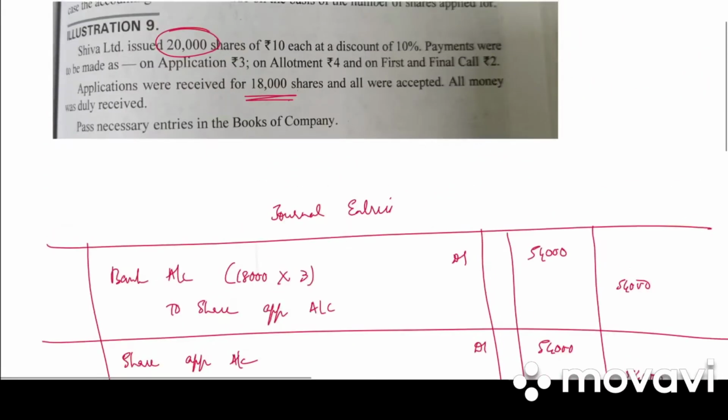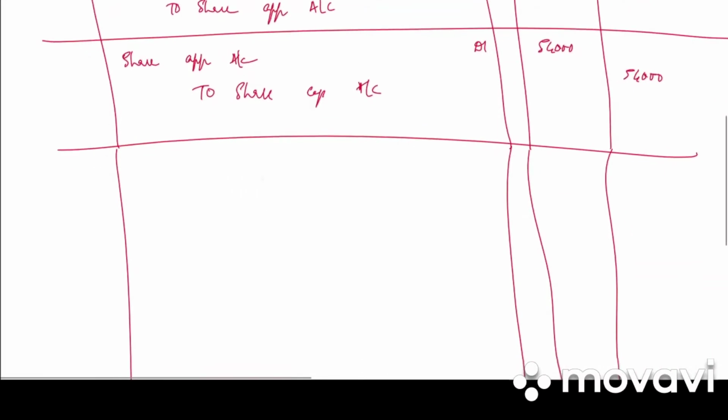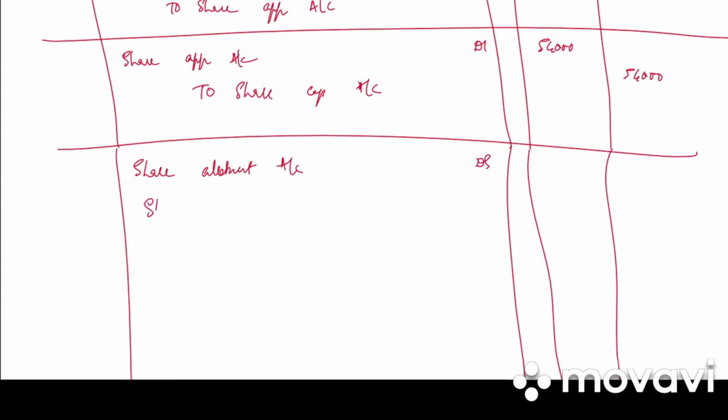Next is the allotment stage, but in the allotment stage we have a discount of 10%. So share allotment account debited, share discount account debited to share capital account. 10% is the discount, that is 1 rupee is the discount.